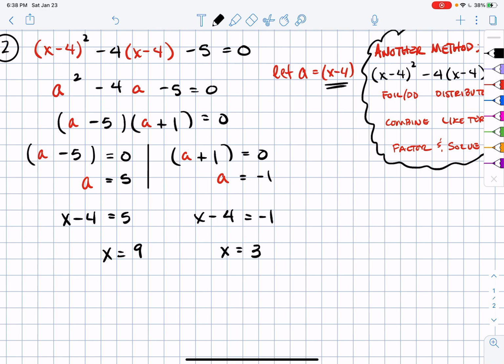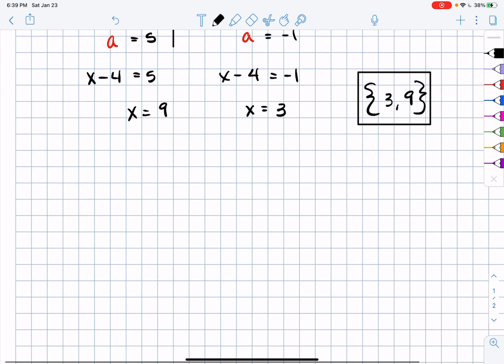Right? So I add 4 to both sides. So 5 plus 4 is 9. Add 4. Add 4. So -1 plus 4 is +3. So that means I'm going to have 3, 9 as my answer. There we go. There's my answer for number 2.